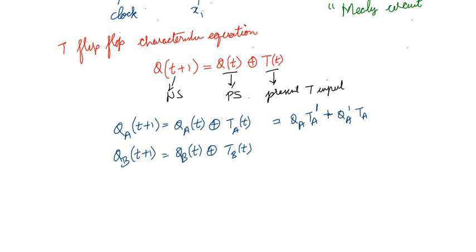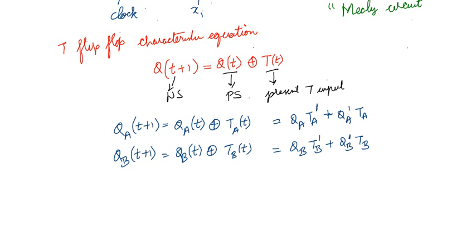I am just ignoring the T function and removing this T. So XOR is QA TA dash plus QA dash TA. Similarly for this I can write QB TB dash plus QB dash TB.